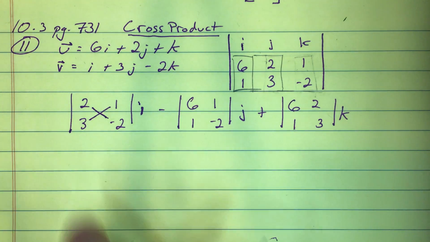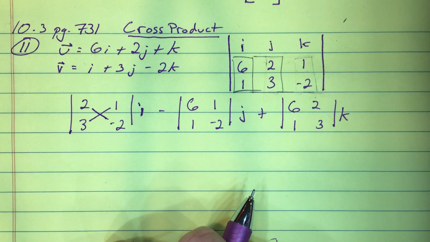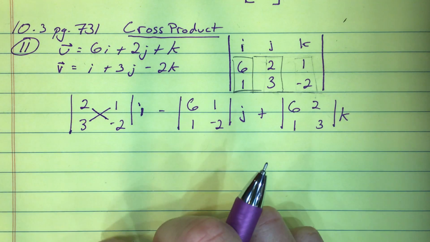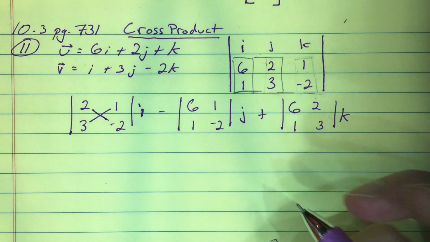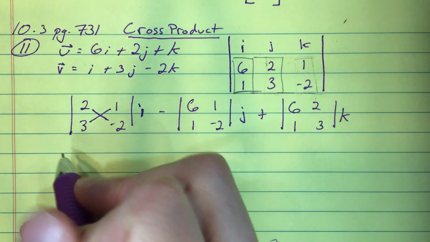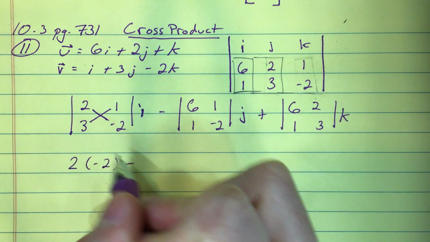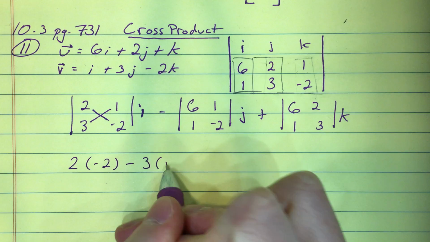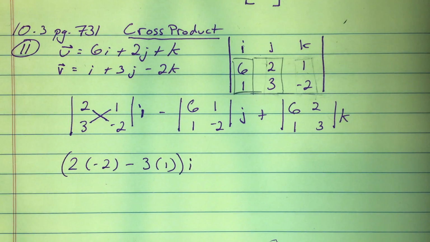That's where that name comes from, because you're crossing these in the determinant multiplication. And if you're hearing me say the word determinant over and over again, and not knowing what it is, that's fine. Again, it comes from the matrix chapter that we didn't cover. It's just some vocab from that chapter. So we multiply these numbers here, 2 and -2, and then we subtract the multiplication of 3 and 1. And now all of that is the coefficient on i.